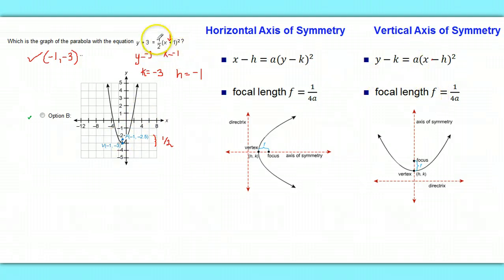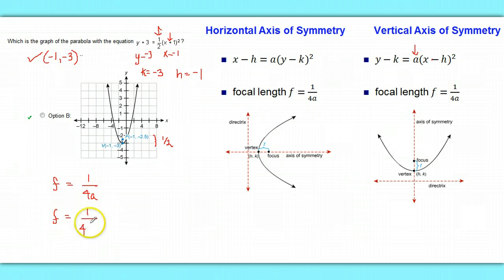Now you might be saying, oh yeah, it's 1/2 right there. Well, that is not your focal length. That's not f. What is right there is actually a. So this is my a value, and a and f could be the same, but I don't want to assume that they are. I want to take this 1 over 4a, plug in my a, and solve for f and just double check.